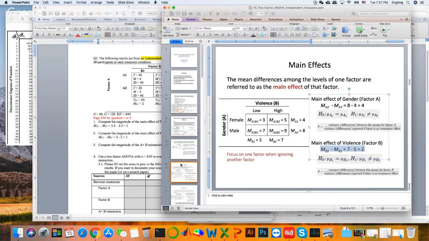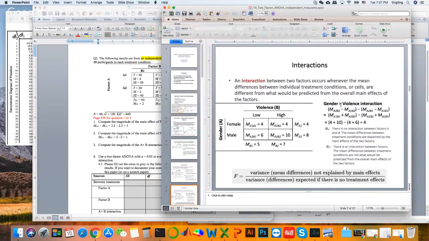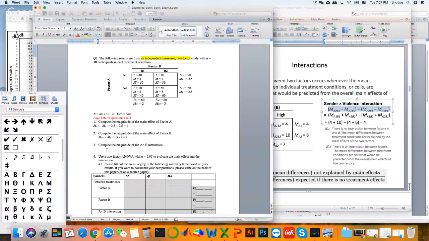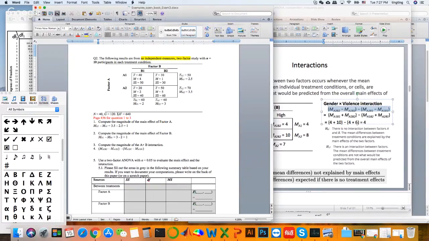Next page, which is the interaction effect, right? You can use this formula. Copy. Oh, don't crash. Just copy. Okay, it didn't crash. Good boy.